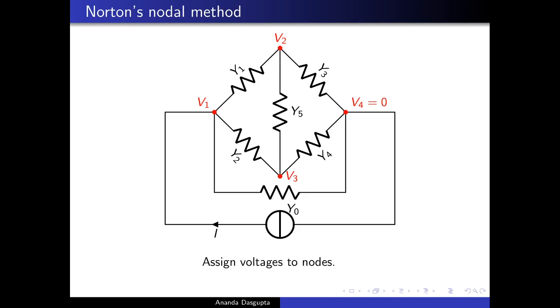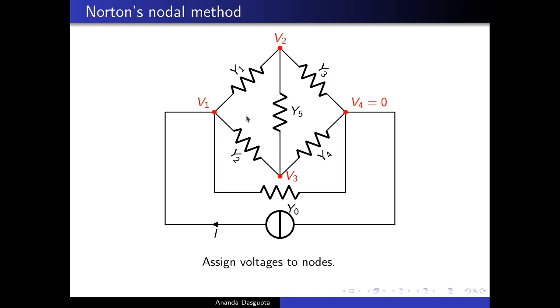Well, actually voltages to all nodes but one. In this case, V4 is chosen to be a node at 0 voltage. So we will assign voltages to n minus 1 of the n nodes. One of them will be arbitrarily chosen to be the 0 voltage node.